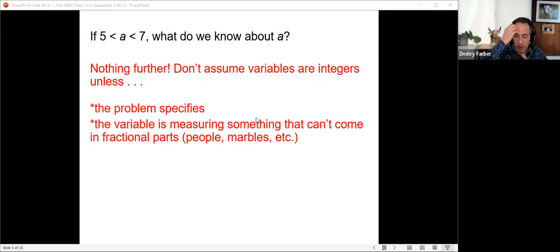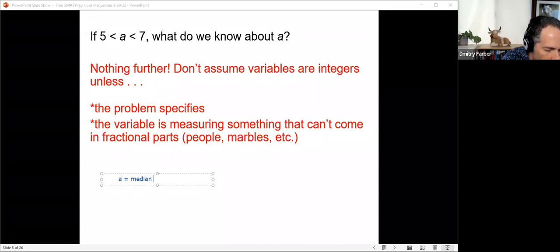And that's the kind of thing we really have to watch. It could also be the kind of thing that maybe A represents the median of an odd set, right? So for instance, what if I said, A is the median, not income, I guess an income could be a non-integer, right?